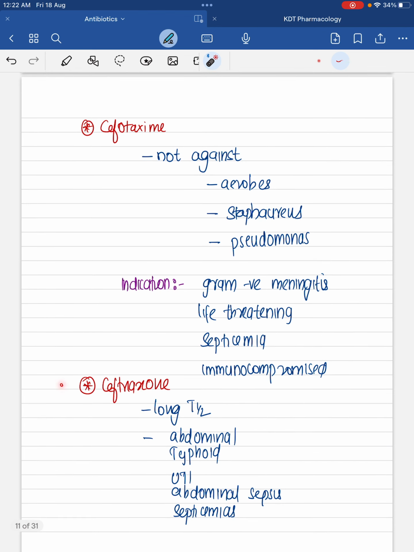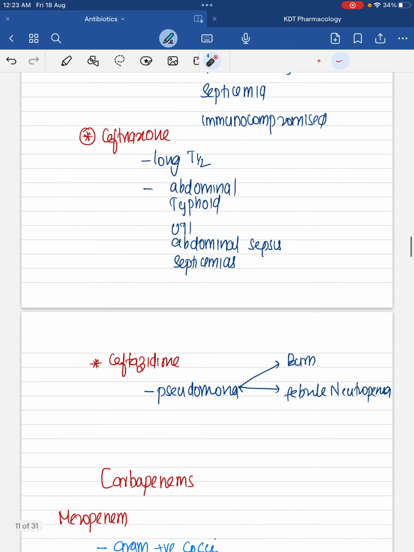But cefotaxime and ceftriaxone we usually prefer as second line, that we will be discussing when we discuss each topic like pneumonia, abdominal infections. At that time we will be discussing whether they are first line or second line, in each of the discussions.